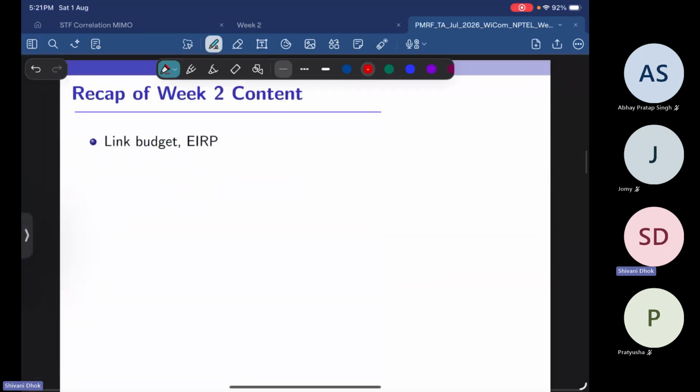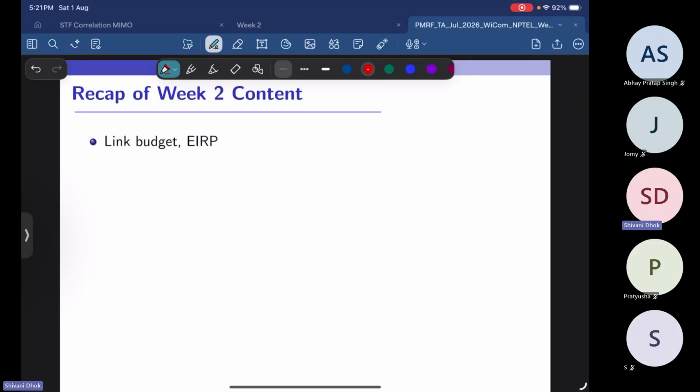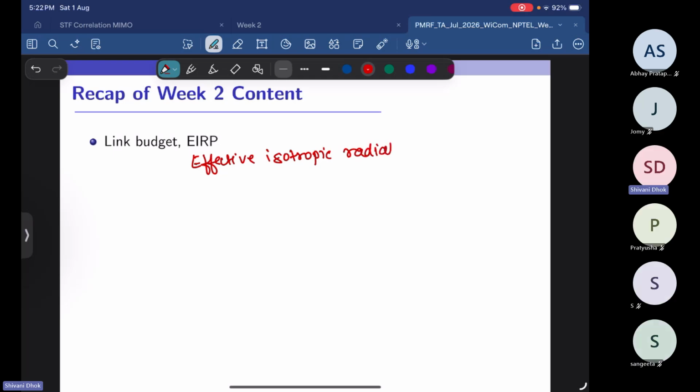After that, we moved on to look at link budget aspects. The first thing that we looked at in this case was EIRP, the effective isotropic radiated power. EIRP in linear scale is basically your transmit power boosted by your antenna gain.